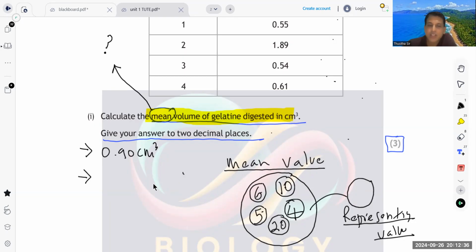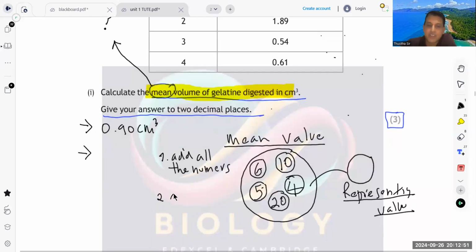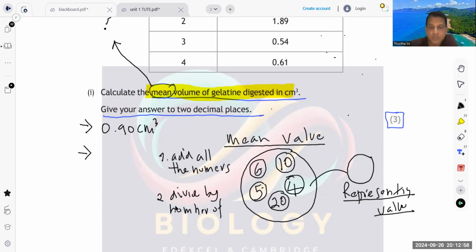The method is, number one, add all the numbers. First, you add all the numbers. Then, second, divide by the number of data. So 6 is one data, 10 is one data, 4 is one data, 5 is one data, 20 is one data.